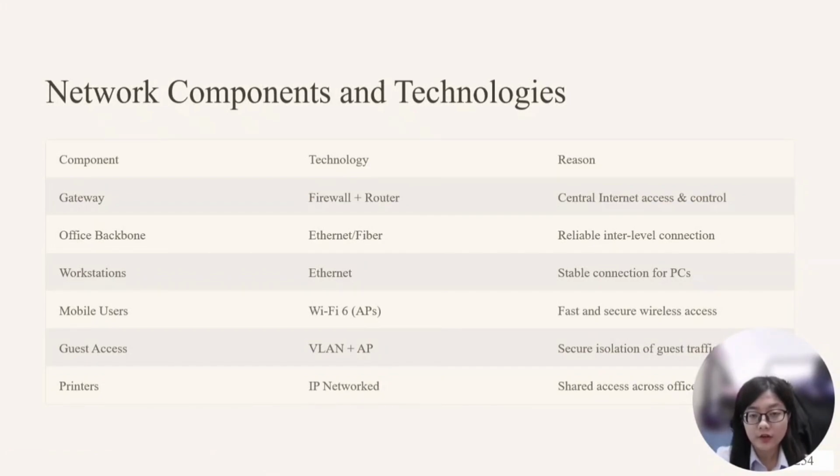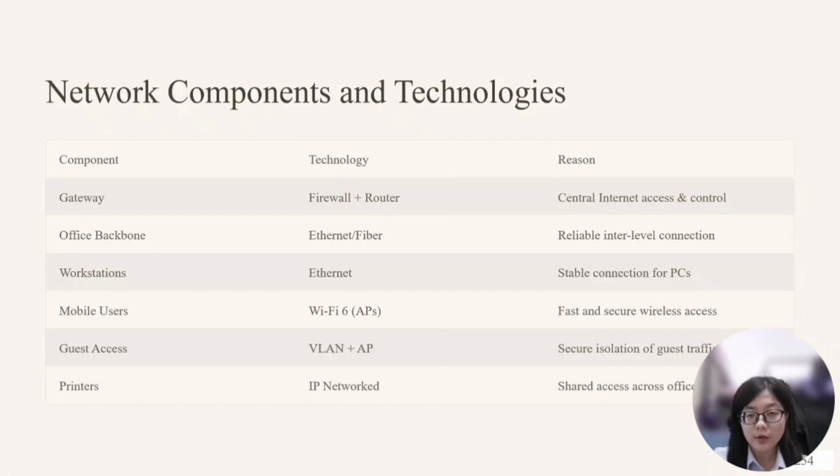Network components and technologies. This slide explains the core components and technologies used in our network design. First, the gateway, which consists of a firewall and router, provides centralized internet access and security control. For inter-office communication, we use Ethernet or fiber for high speed and stable connectivity. All stationary workstations are connected using Ethernet cables to ensure reliable connection.